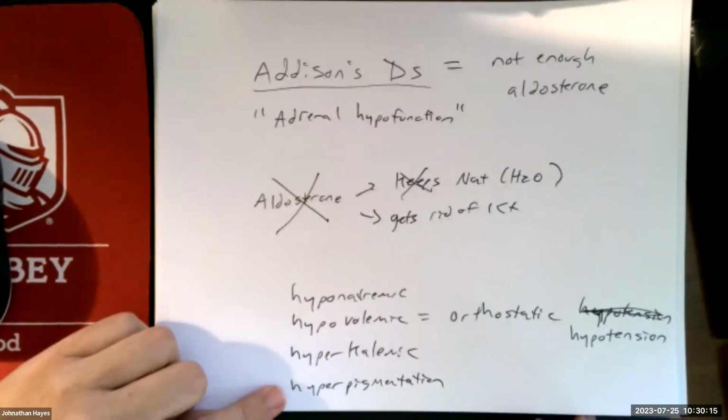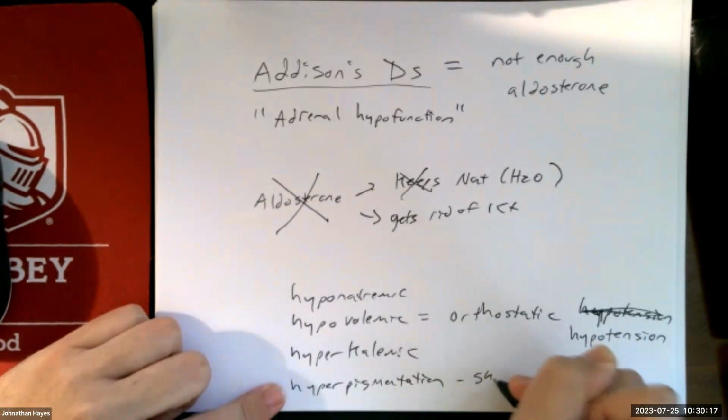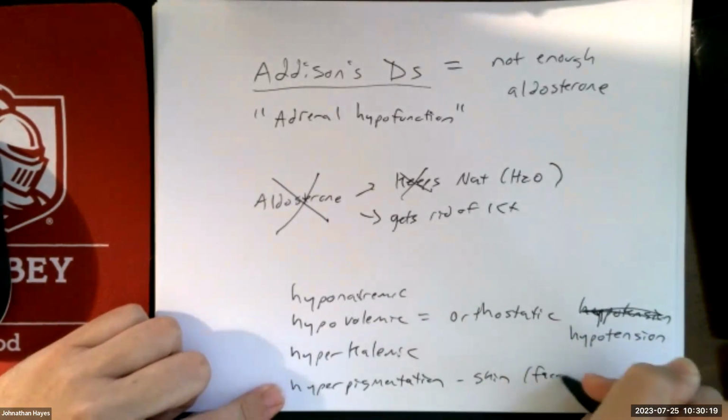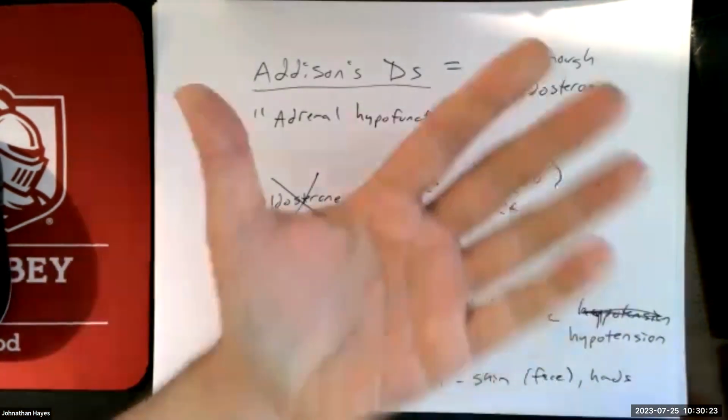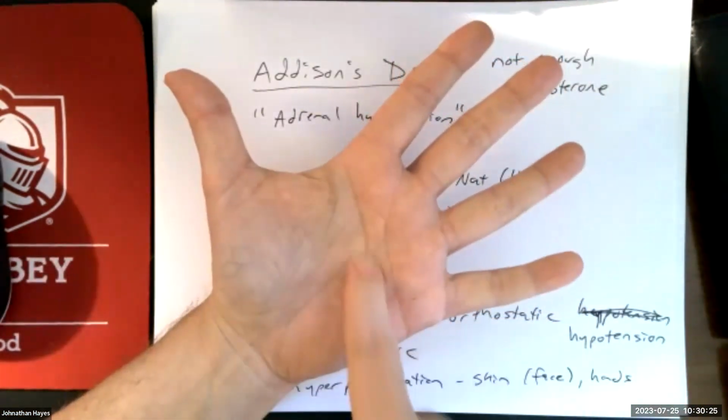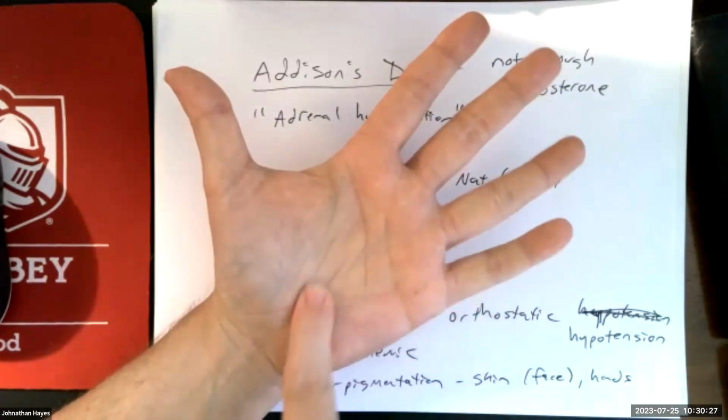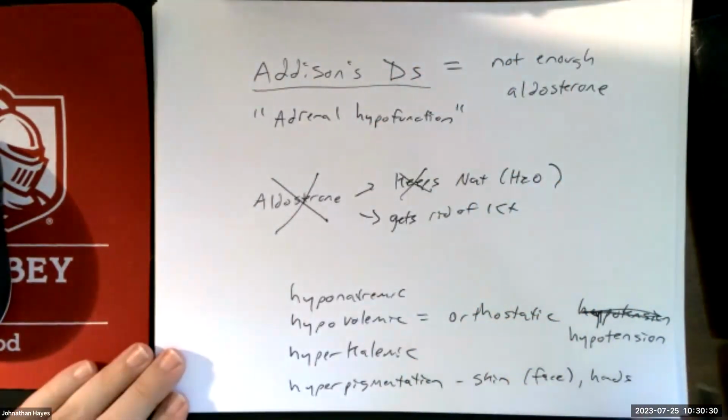The hyperpigmentation can occur not only in skin, like across the face and the creases of the hands. Sometimes the hands themselves get darker and the creases get darker. But usually across the face, could be somewhere randomly on the torso. Not everybody gets it in the same place, but the skin turns a little bit more orange.